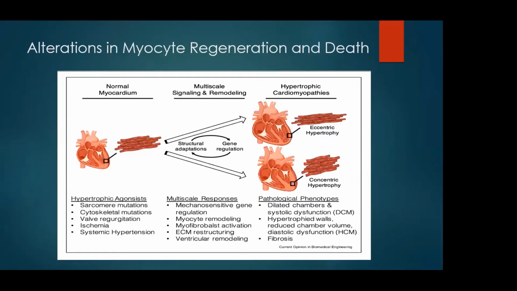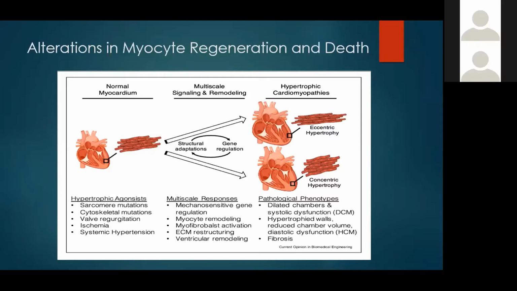So mechanosensitive gene regulation, myocyte remodeling, myofibroblast activation, the extracellular matrix restructuring, and ventricular remodeling. So there are a lot of pathways, a lot of interconnected things happening, which restructures the heart.